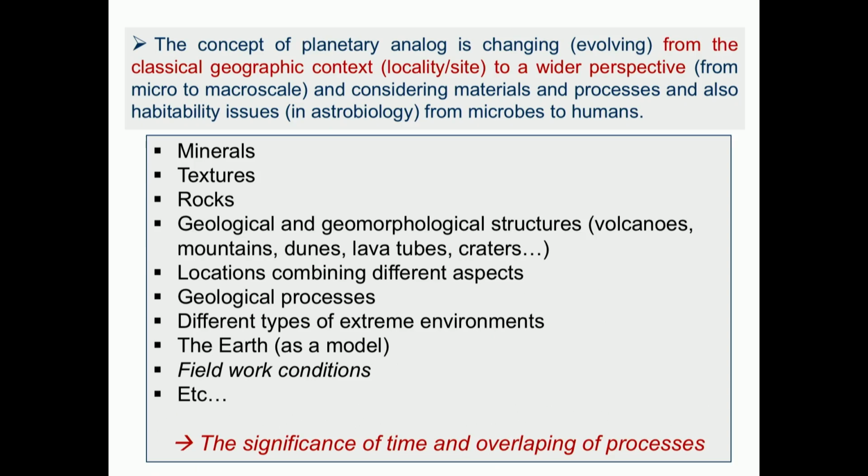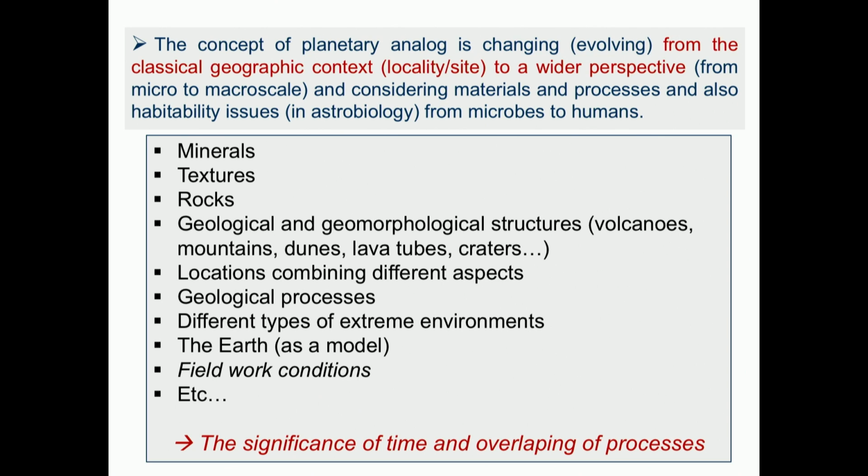As I mentioned in the beginning, the concept of planetary analog is changing. In fact, it's evolving, in my opinion, from the classical geographic context of a locality, of a site, to a wider perspective, from micro to macro scale, considering materials and processes and also habitability issues in astrobiology, from microbes to humans.